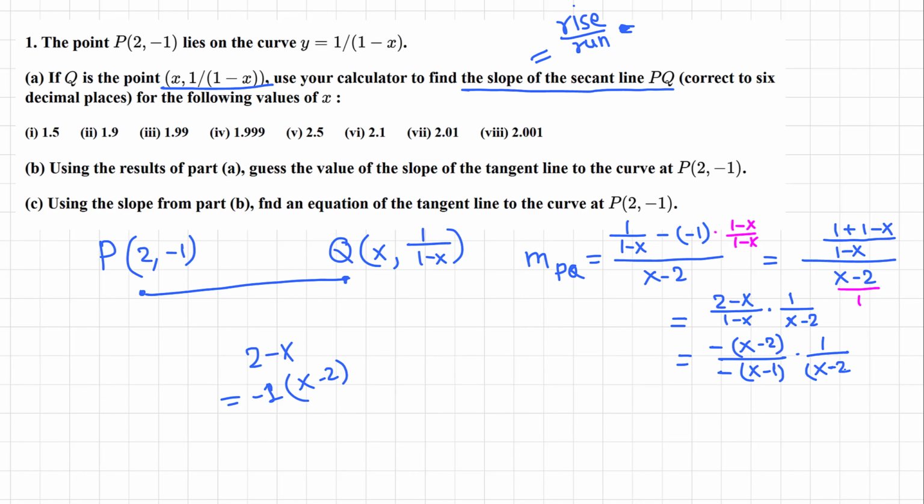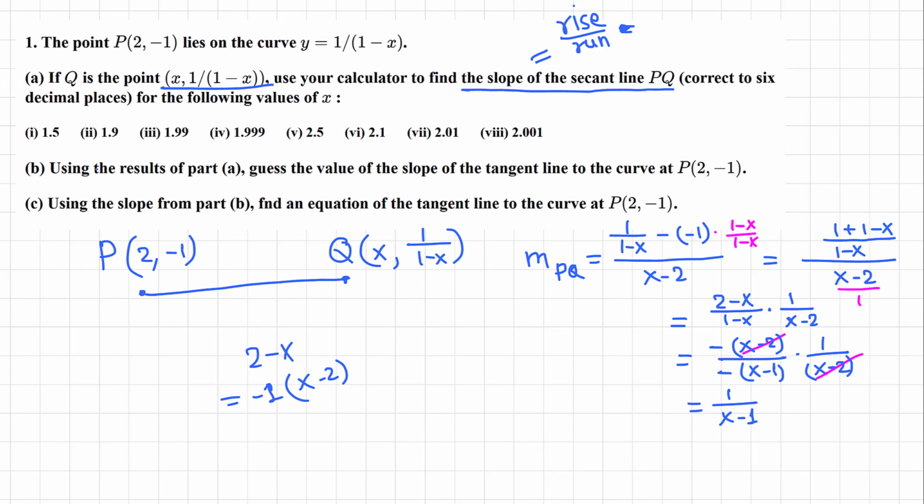This is also a block, so then we can cancel x minus 2. Here is -1 and -1, so we can also cancel those negatives. And that leaves the slope as 1 over x minus 1. For generic x, the slope is 1 over x minus 1.